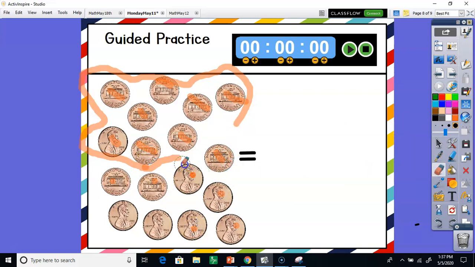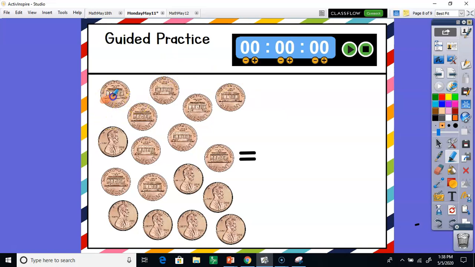See, I'm just like you guys. I make mistakes too. So I'm just going to start over. I didn't make this mistake on purpose, but I want you to know that it's okay to start over if you need to, especially when the coins are not organized. They're not in nice rows and easy to count. You might have to start over sometimes.